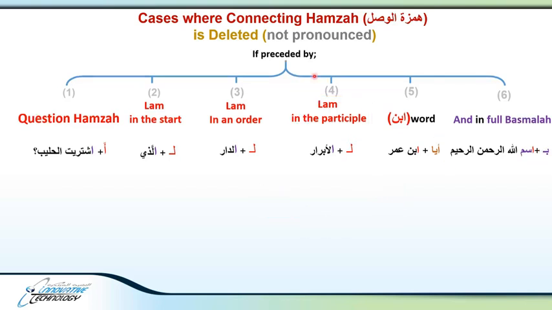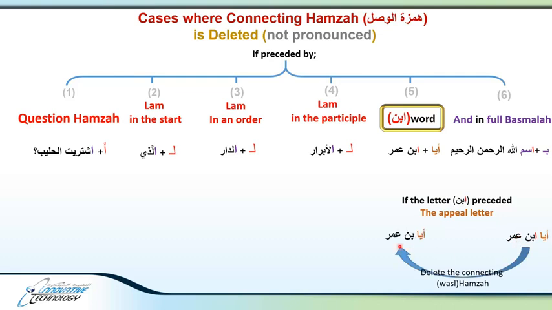And in regard to Hamzatul Wasl and the word bin, there are two situations. The first, when the word ibn is preceded by an appeal letter, like aya ibn Umar. Aya is a calling letter used to call or appeal to the person. So we don't say aya ibn Umar, but we say ayabna Umar.